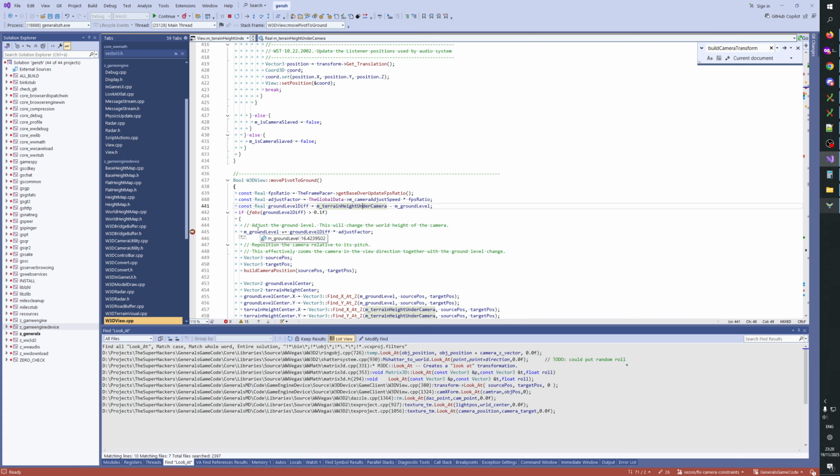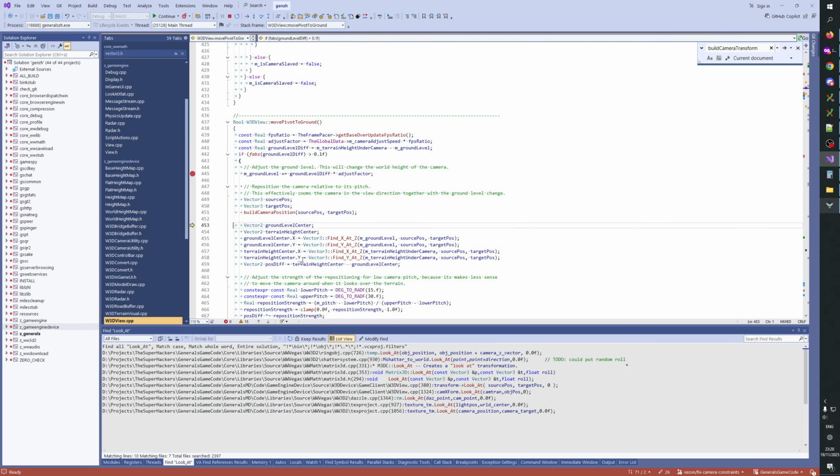Okay, well, it's nothing to worry about. So ground level is being increased here by 20 to 26, which is now higher than this. Inf. Oof.